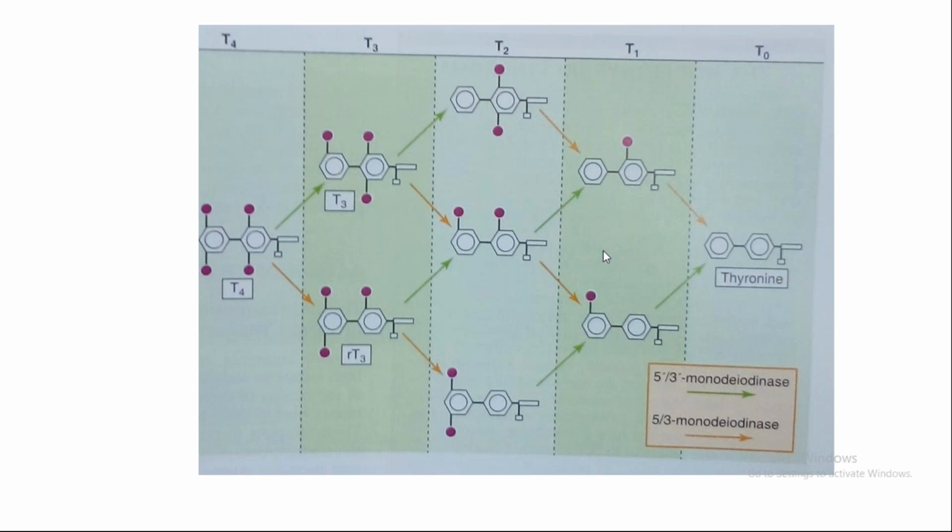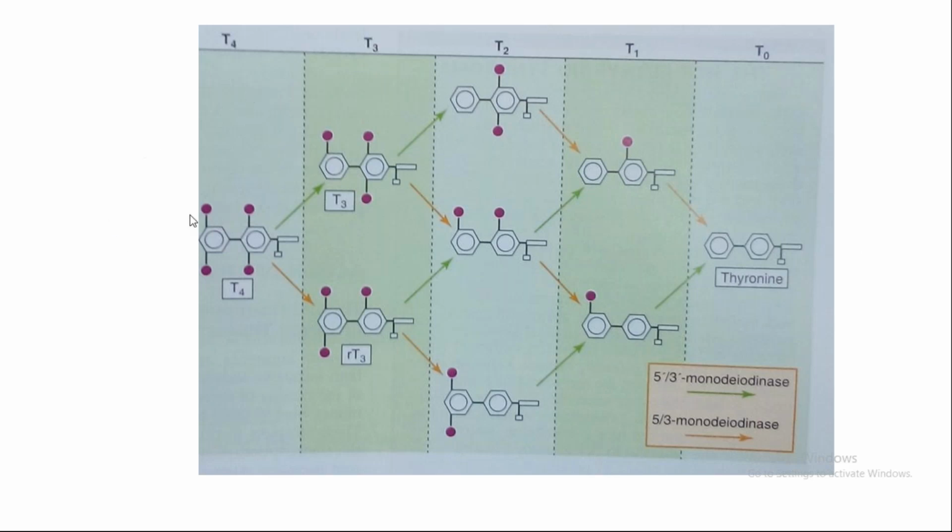D1 is also known as type 1, D2 as type 2, and D3 as type 3. This deiodinase enzyme removes the iodine from T3 and T4, and ultimately it is converted to thyronine at the last.